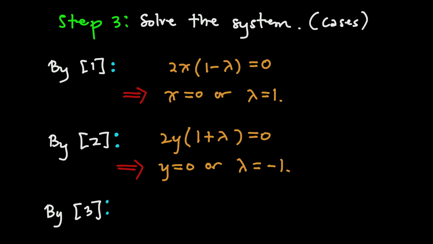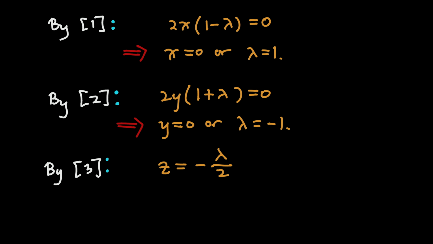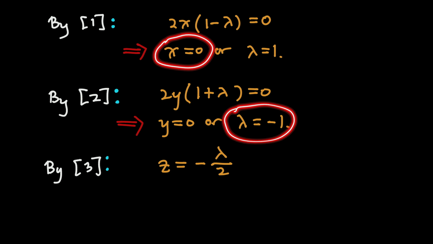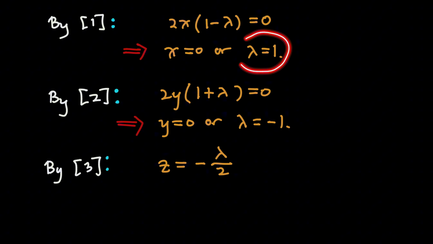Considering these possible values for x, y, lambda, and z, since we always have this possible value of z, we are reduced to the following cases. First, we consider what happens when x equals 0 and y equals 0. The next case is x equals 0 and lambda equals negative 1. And finally, what happens when lambda equals 1?